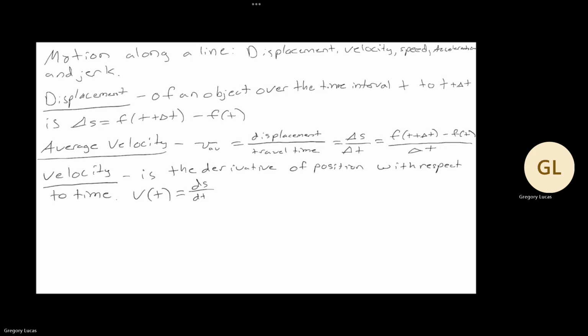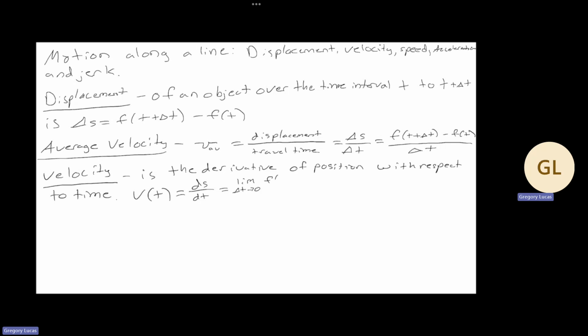So the derivative of s with respect to time is equal to what we had before. But the only difference is now I'm going to take the limit as the change in t goes to 0. So instead of h going to 0, it's change in t going to 0. So now we have our derivative function.